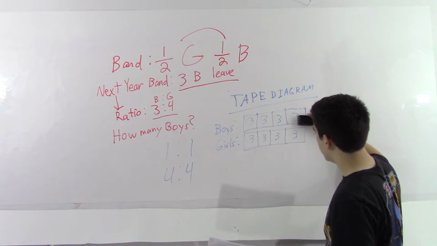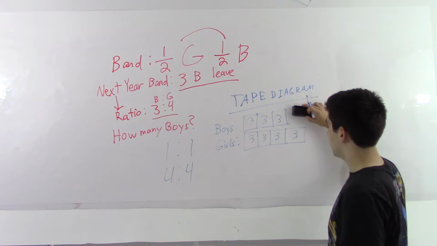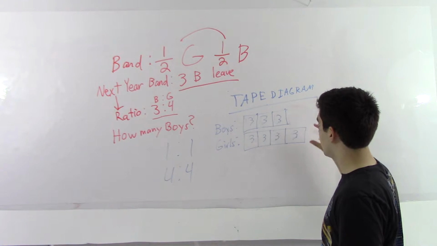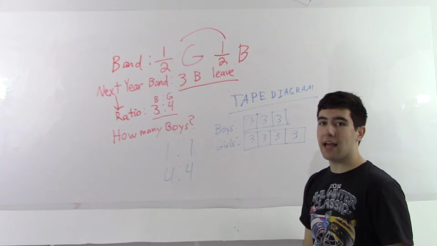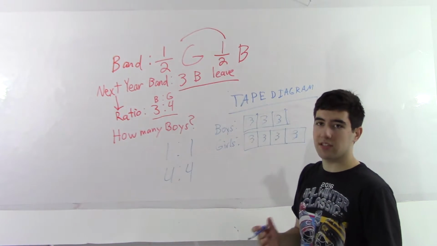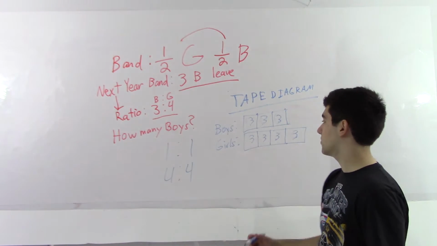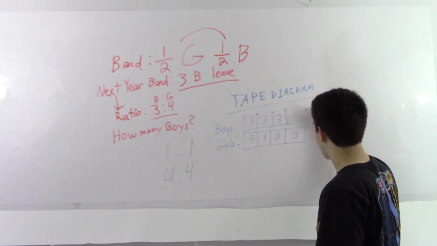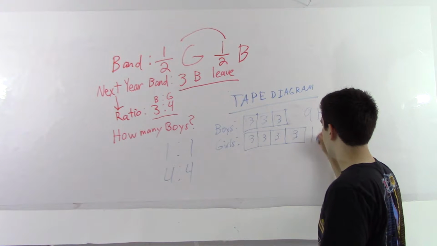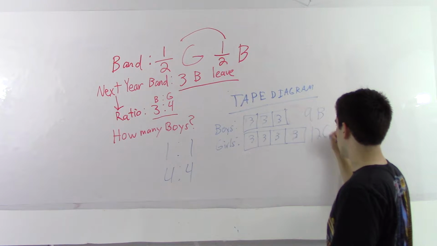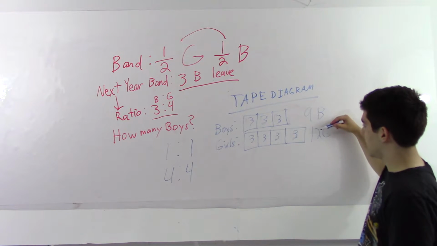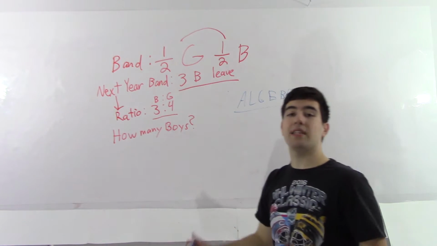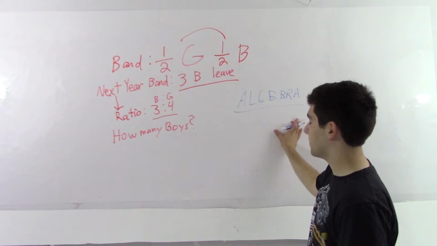Now when we remove this last box from the tape diagram, we have a ratio of 3 to 4, and we represented the 3 boys leaving. Now we can answer how many boys are left. The amount of boys, 3, 6, 9 boys, and there are 3, 6, 9, 12 girls. Ratio of 3 to 4. That checks out.